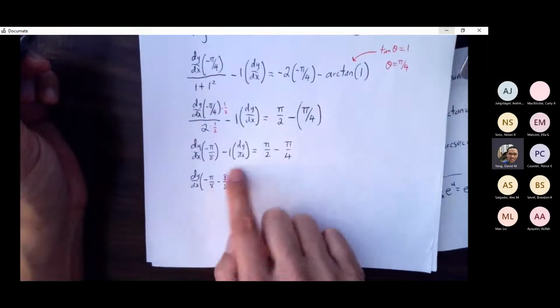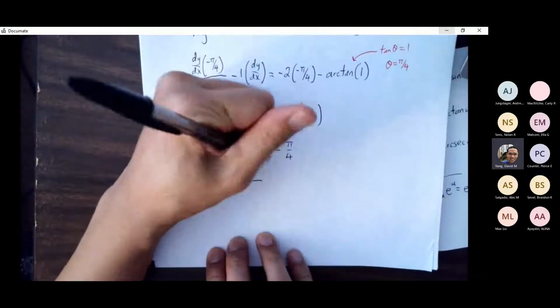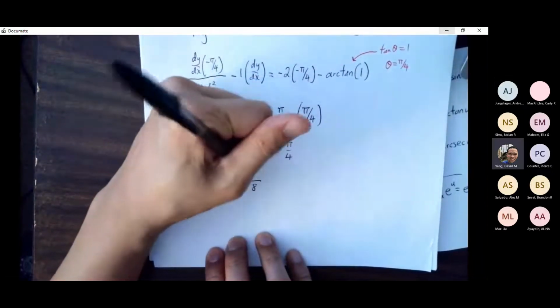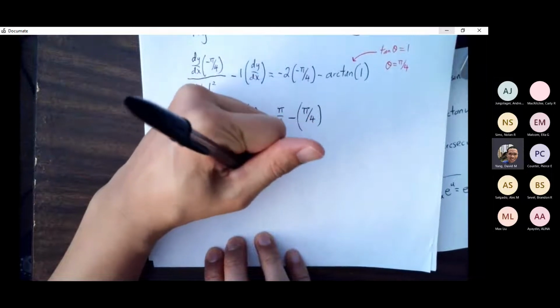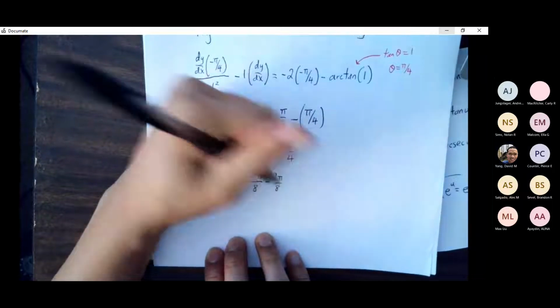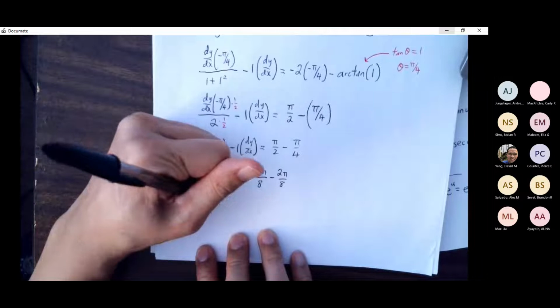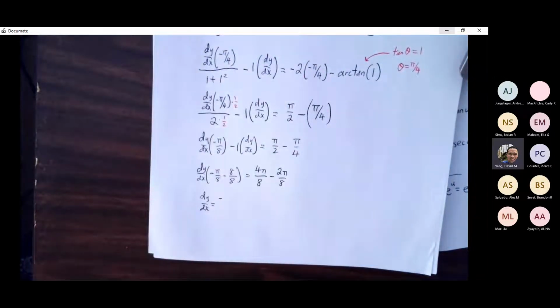And while we're at it, if I'm going to match common denominators here, I'll just go ahead and match common denominators here as well. So pi over 2 is the same thing as 4 pi over 8. And pi over 4 is really 2 pi over 8. Sorry, not equals, times.